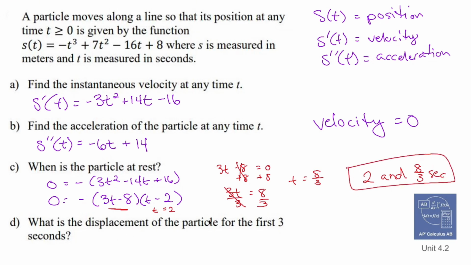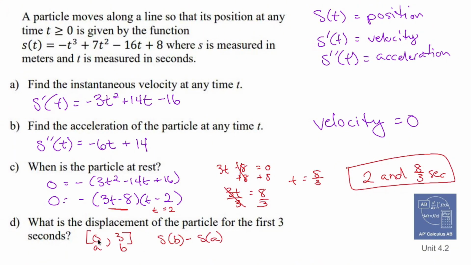Now, displacement of the particle for the first 3 seconds, what does that mean? Well, that just means where is your guy after 3 seconds? The way you do that is, if you have an interval, in our case, from 0 to 3, and I label the endpoints A and B, I am finding S of B minus S of A. In other words, where am I at 3 seconds?